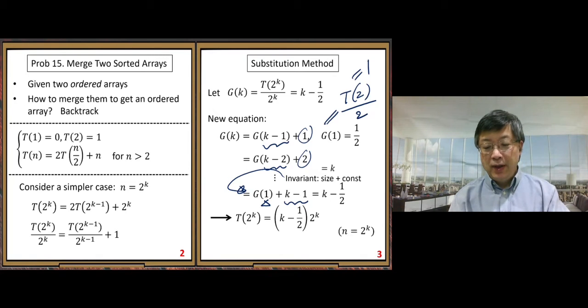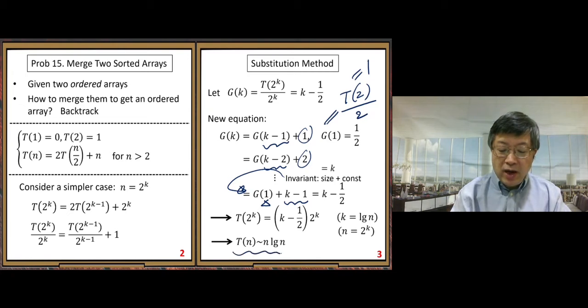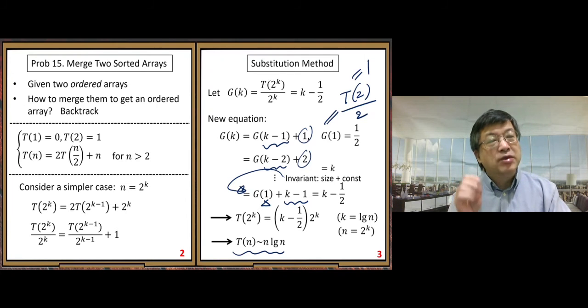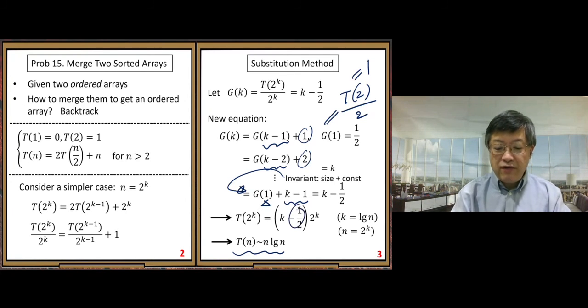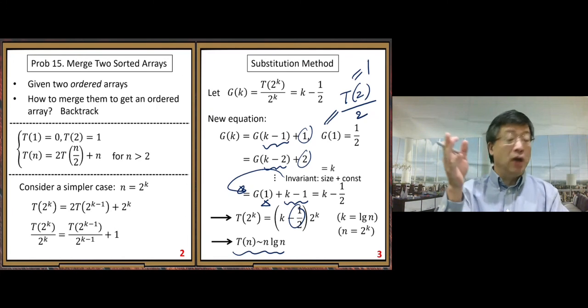We can write it back in terms of n: k equals log n. So we can write T of n approximately n times log n, because this 1/2 can be dropped. It is too small, not important. So k times 2 to the k, so n times log n.